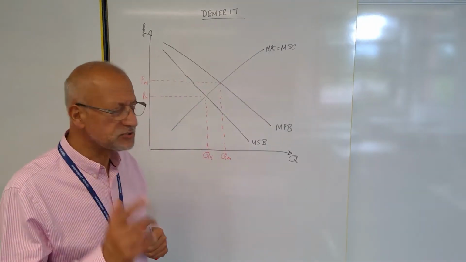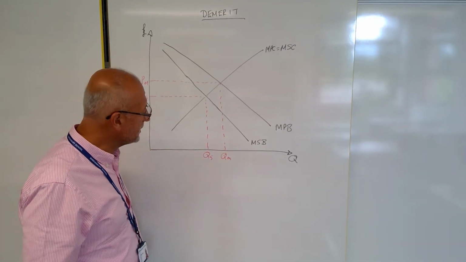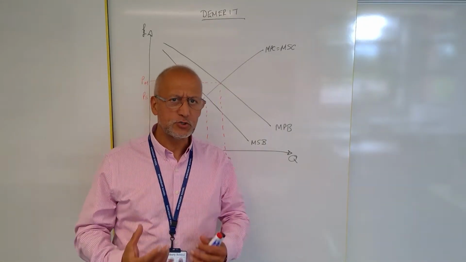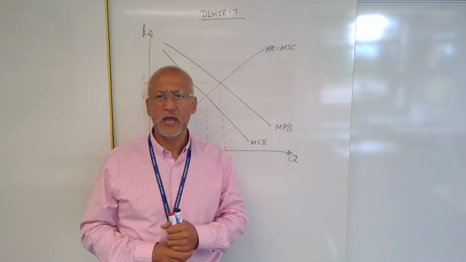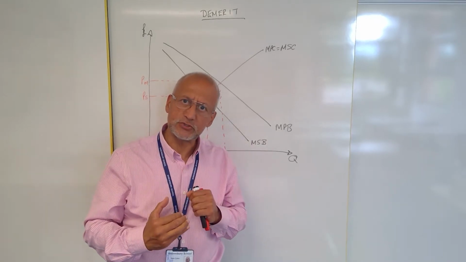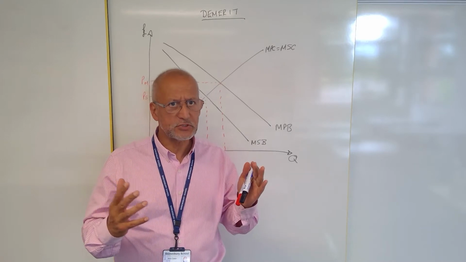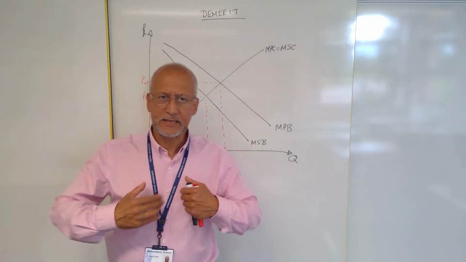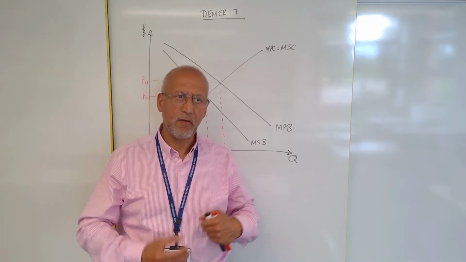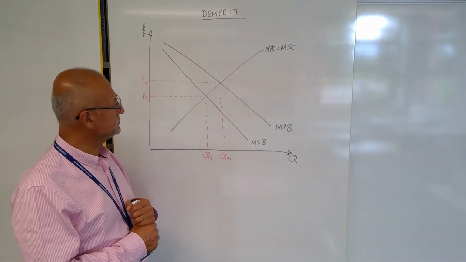So let's consider a situation where we have a market failure with a demerit good. Let's say it's cigarettes or alcohol. Too much smoking in society, too much alcohol consumption, and society feels it should be reduced. It might be a political decision by government, but let's say that government represents society, so society decides that there is an overconsumption.